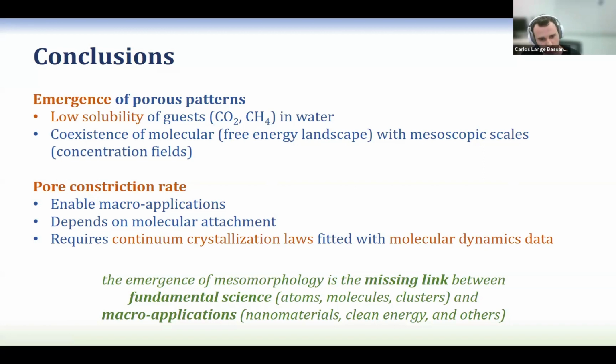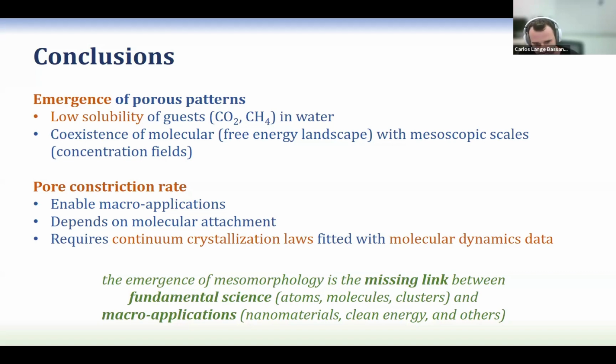And just to finish here, to wrap it up, all this emergence of mesomorphology, I've been doing that for the past 2 years since finishing my PhD, and I think this is a very promising missing link between all this fundamental science that we know, atoms, molecules, clusters, potential energies, the elements, the periodic table, right, and all these fluctuations, Brownian motion from molecular dynamics, and then we go to the macro applications, and there is a lot of curve fitting in the macro applications that we cannot fully connect with the fundamental science.